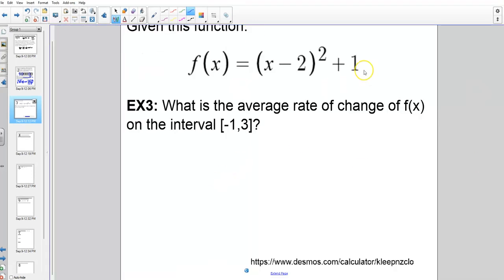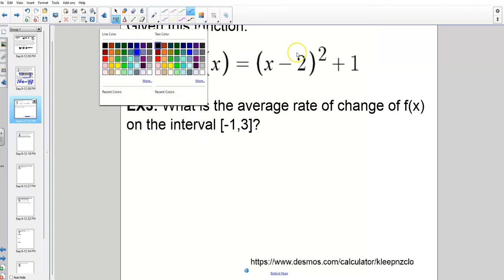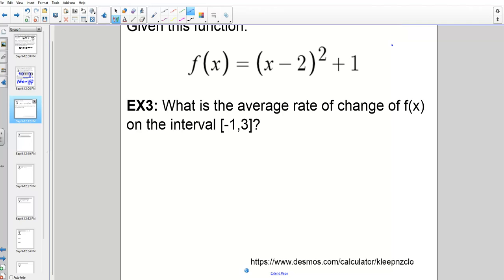So let's walk through how we would do that if we didn't have a graph, because something like this is going to show up on Calculator Inactive a lot of times. What we need for average rate of change is the points on the endpoints. These are both x values, because we're talking about an interval. How do I find the y values for those points if I don't have a graph? Just plug them in.